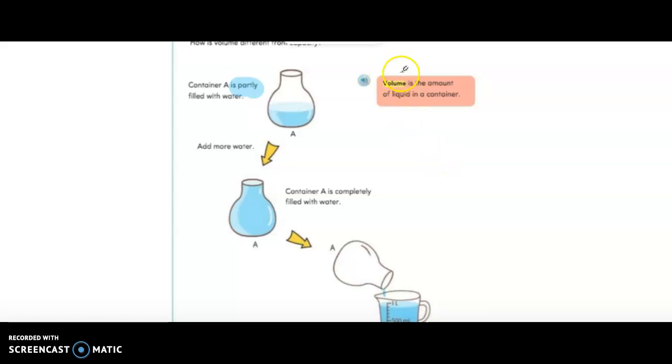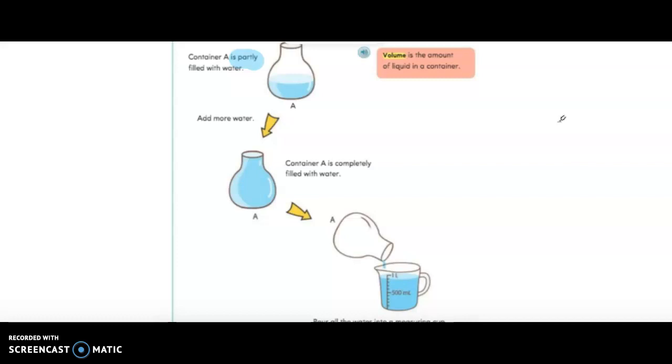So the volume is the amount of liquid in a container. Capacity, again, if we go back, is how much a container can hold. So for capacity, you're thinking the container, what is the max amount a container can hold? The volume is just how much liquid is inside of a container.